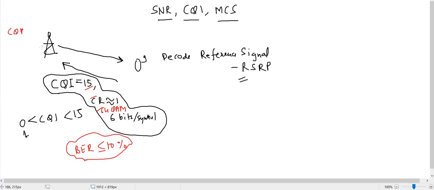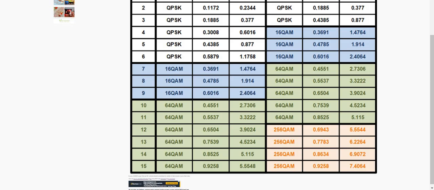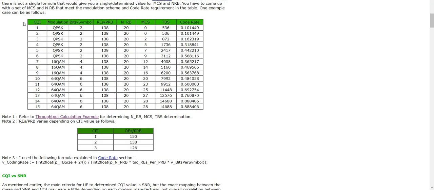Okay, so eNode B has received the CQI value from UE, and on the basis of CQI value, it will find out the MCS, that is modulation coding scheme, to be assigned to UE. I'll show you a table, just a second. See, this is a table.